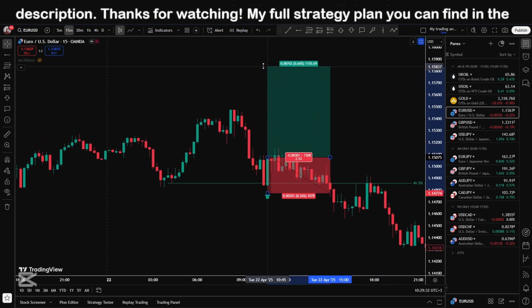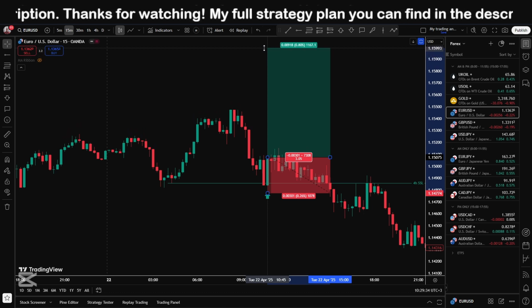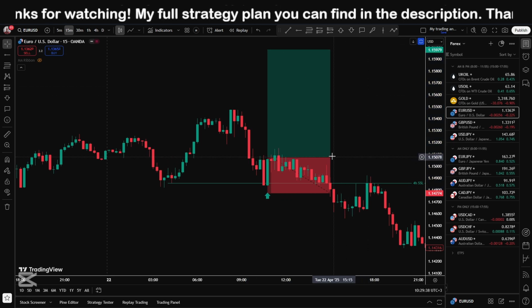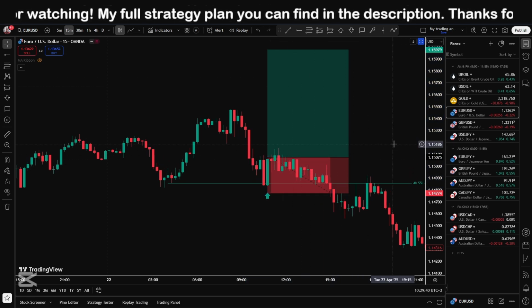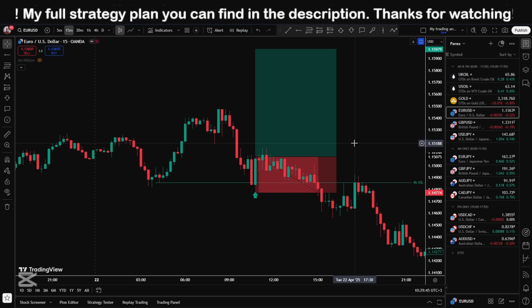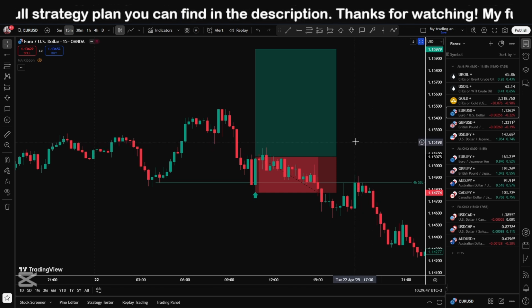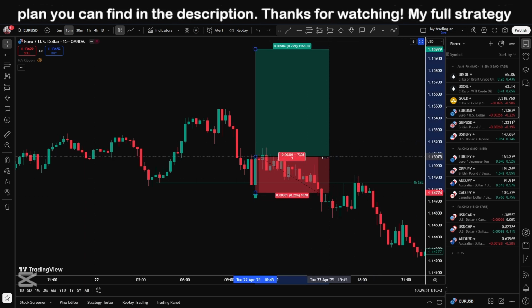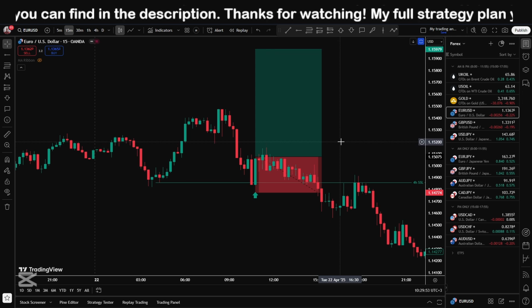Again, looking for risk reward ratio 1 to 3, but price goes against me for the second time this week on the EURUSD, and I take a loss here.